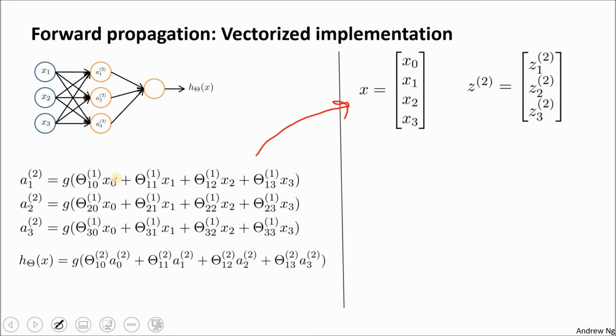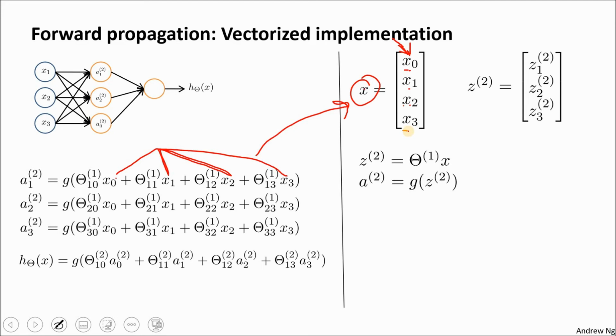So all these x values, x0, x1, x2, x3, are represented by one x matrix, which is like a column matrix, like a vector, and it has four entries: x0, x1, x2, and x3. On the other side, we have the theta matrix that is used. Theta multiplied by x gives us the z matrix.